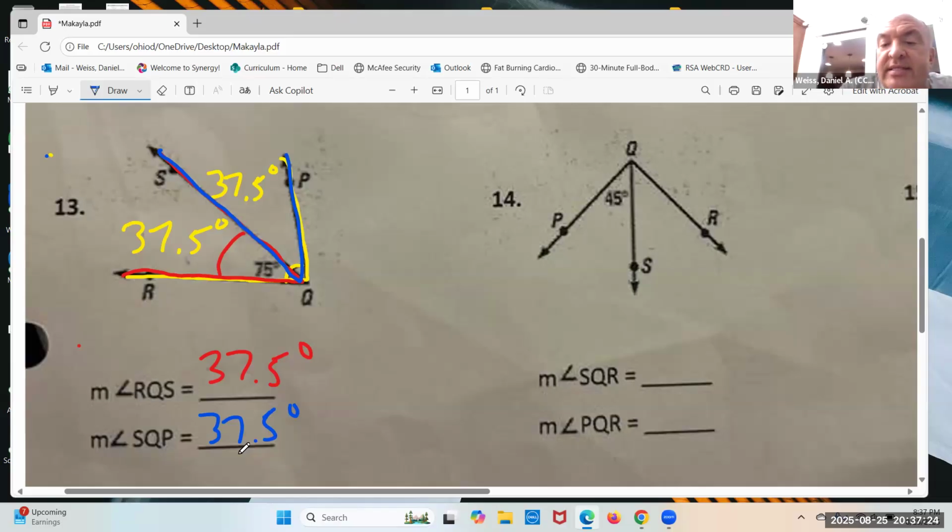And then over here, this guy is 45 degrees, which means this guy is 45 degrees. So SQR is 45 degrees. PQR, you have to add the two together. The whole thing is 90, because 45 plus 45 is 90.